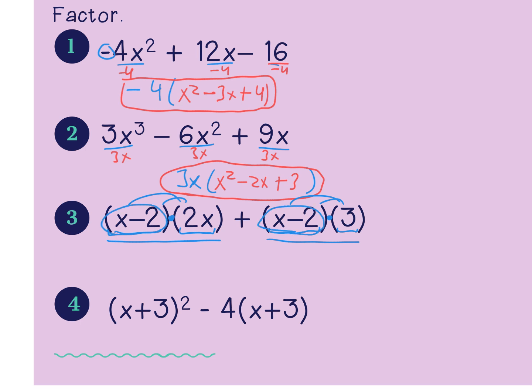So then what happens when I take that out? If I take that out as my greatest common factor, what's left over, right? It looks like it's going to be this 2x and this 3. There was a plus in between, so I'm going to keep that plus as well. Right, so this x minus 2 is our greatest common factor, and then the 2x plus 3 is left over.